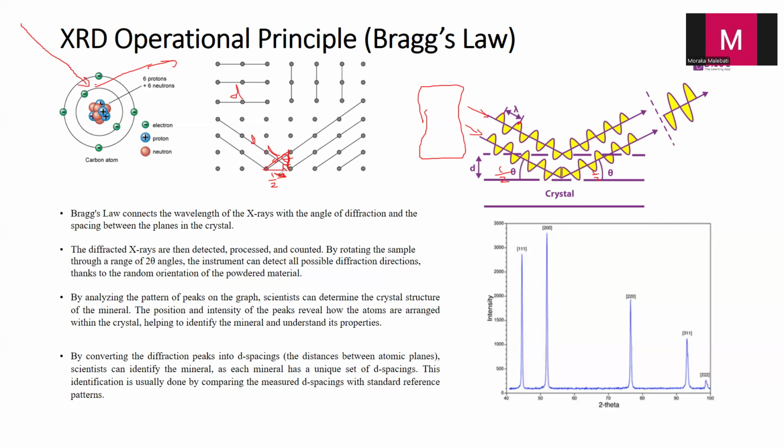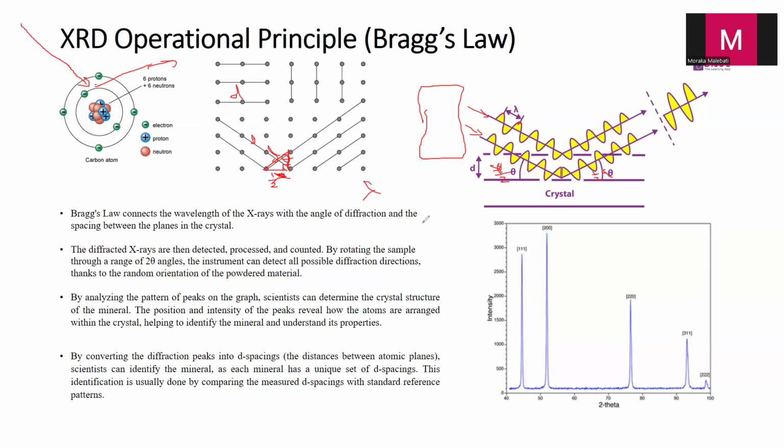Sorry, not angle, but wavelength. Half the wavelength will be from the incident and half the wavelength will be from the diffraction, so that they make one complete wavelength. Having understood that, here we have half the wavelength.